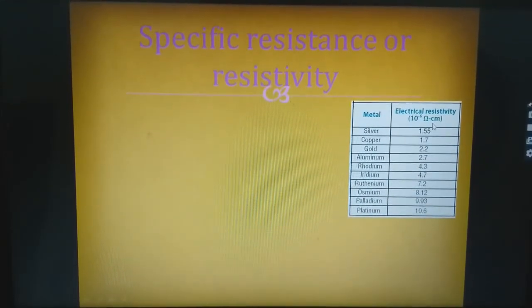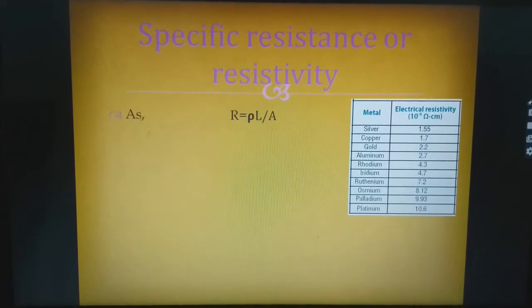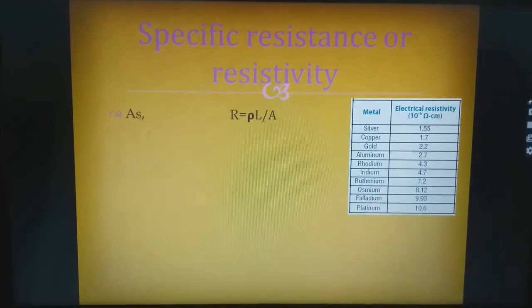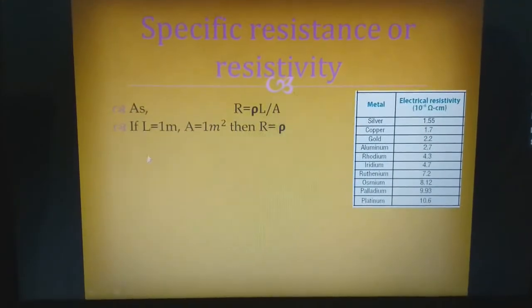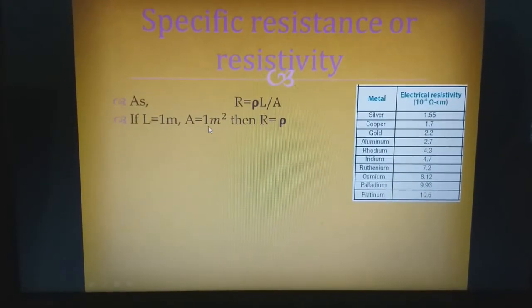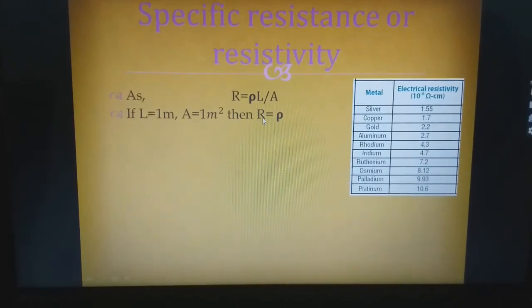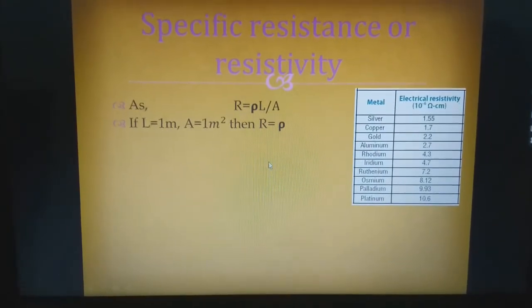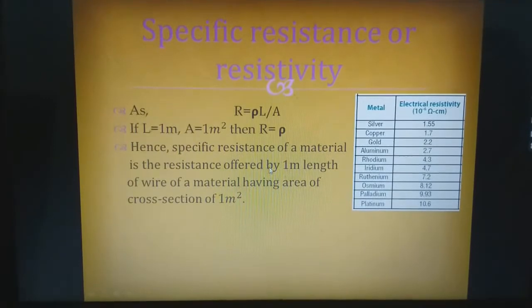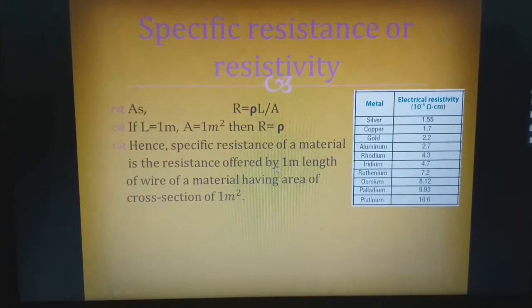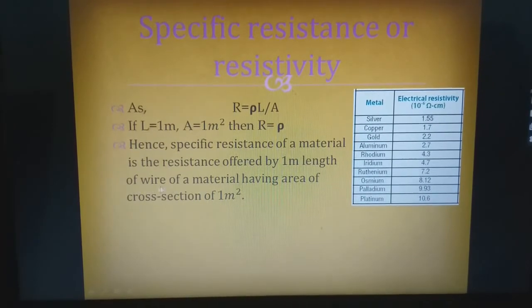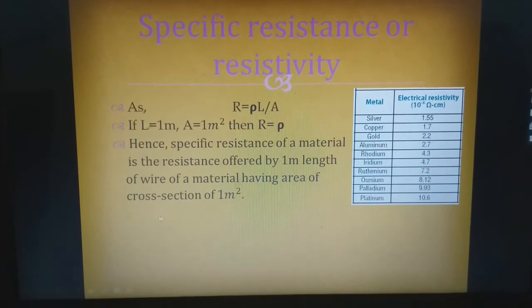As we have the formula R is equal to rho L over A, if we put L equal to 1 meter and A equal to 1 meter square, then R is equal to rho. It means electrical resistance is equal to resistivity or specific resistance. Hence, specific resistance of a material is the resistance offered by 1 meter length of wire of a material having area of cross-section of 1 meter square.